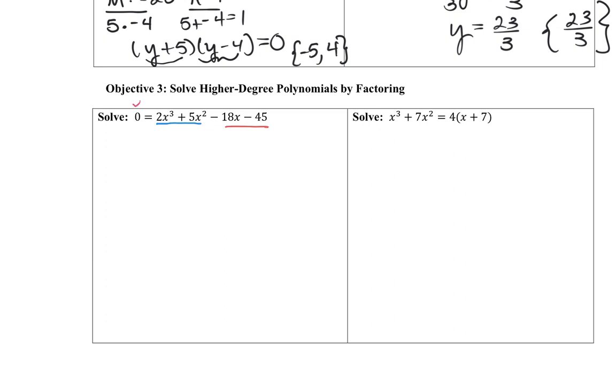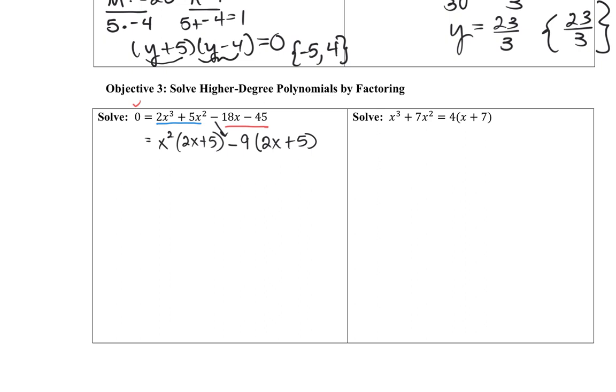My common factor for these two is going to be x squared, and I'm going to be left with 2x plus 5. Bring down that sign, minus. Greatest common factor for 18 and 45 is 9. So then I'm going to have 2x plus 5, right? Because negative 9 times positive 5 is negative 45.